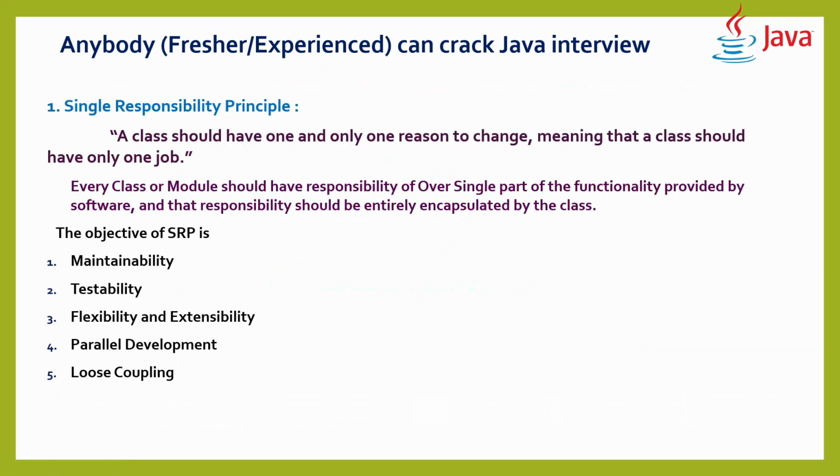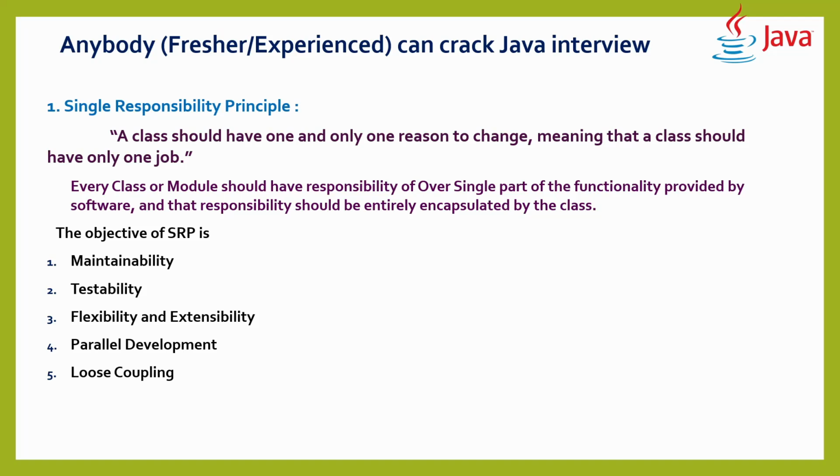Okay, single responsibility principle. By the title itself, single means only one. A class should have one and only one reason to change, meaning that the class should have only one job.